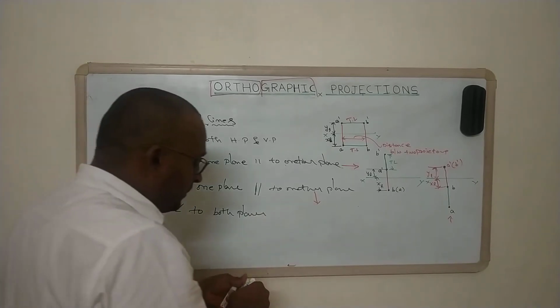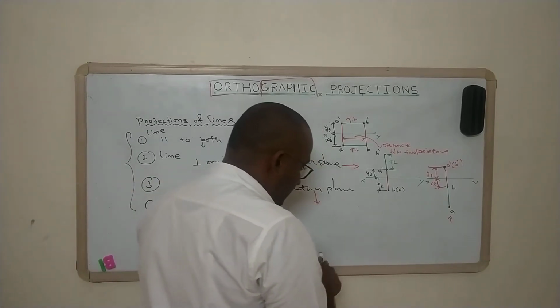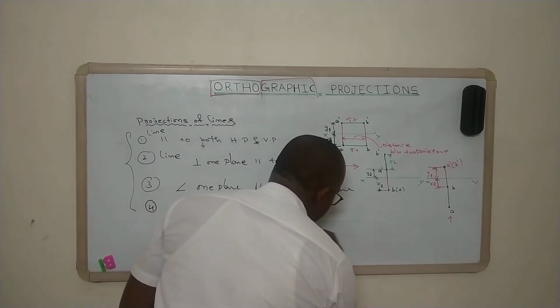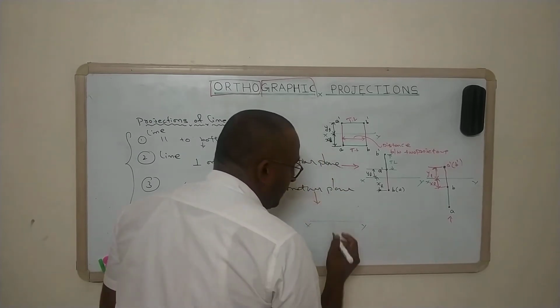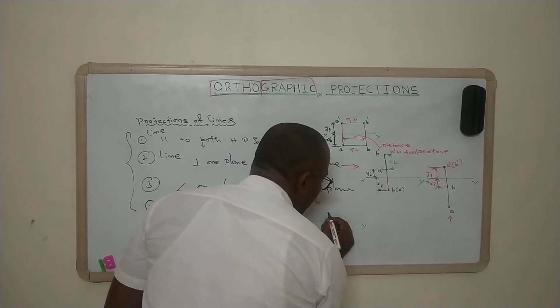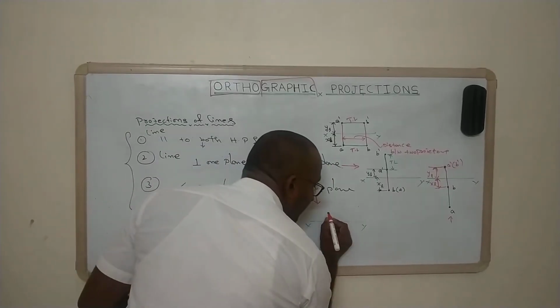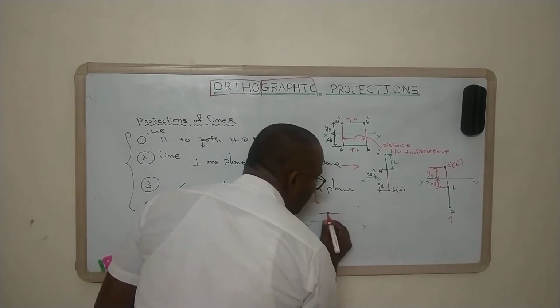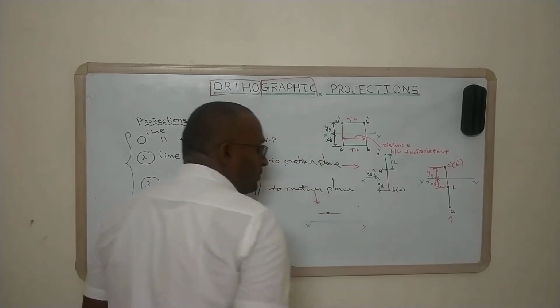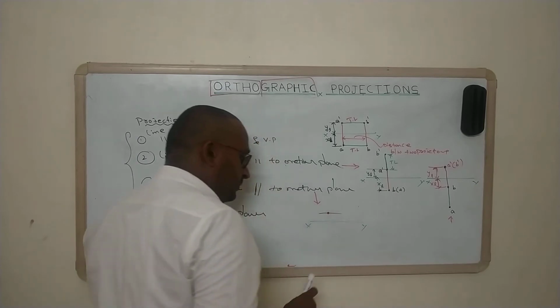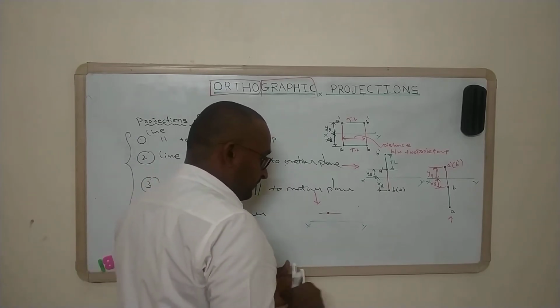So here, we draw the XY line, and then they will give the position of the line with respect to the bottom side, and they will give the angle theta.